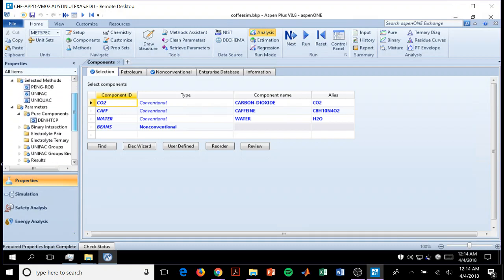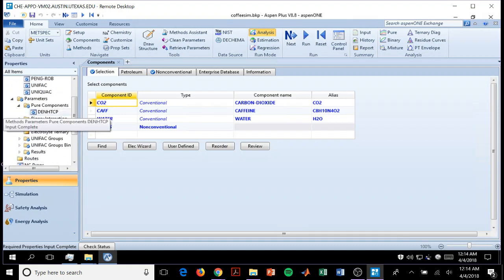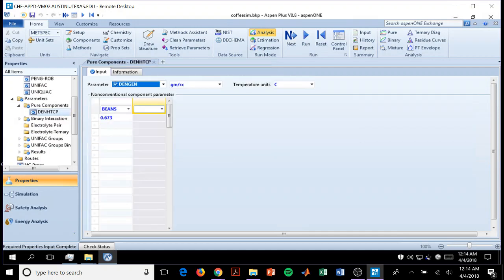I did so right here. I defined the density and the heat capacity of the beans in order for me to be able to perform thermodynamic calculations to separate the caffeine from the beans using water and CO2.